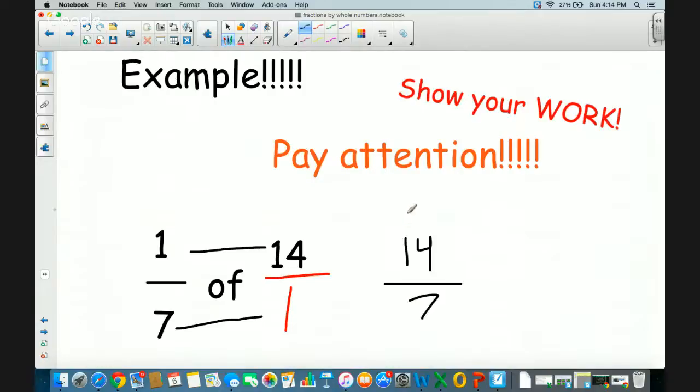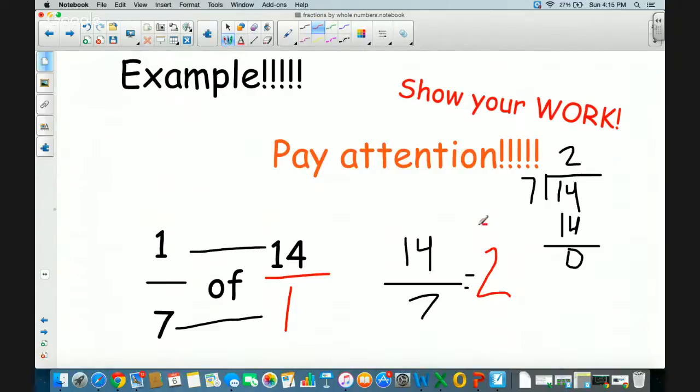Now, this is improper. We change it to mixed. 7 will go into 14 how many times? 2 times. That equals 14. Nothing left over. So my answer is just 2. Final answer.